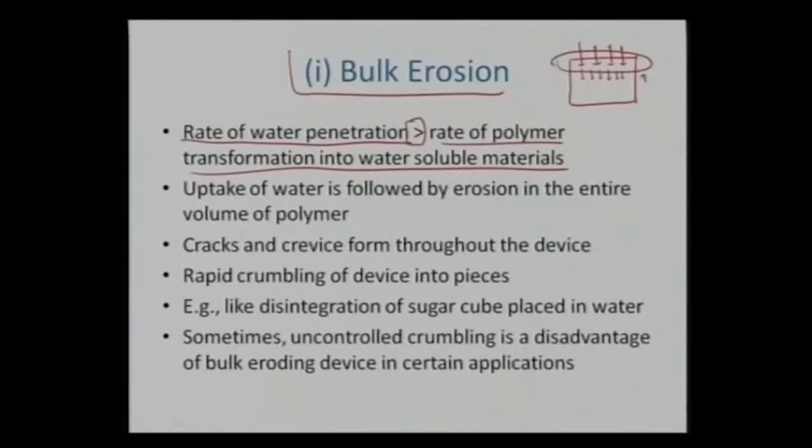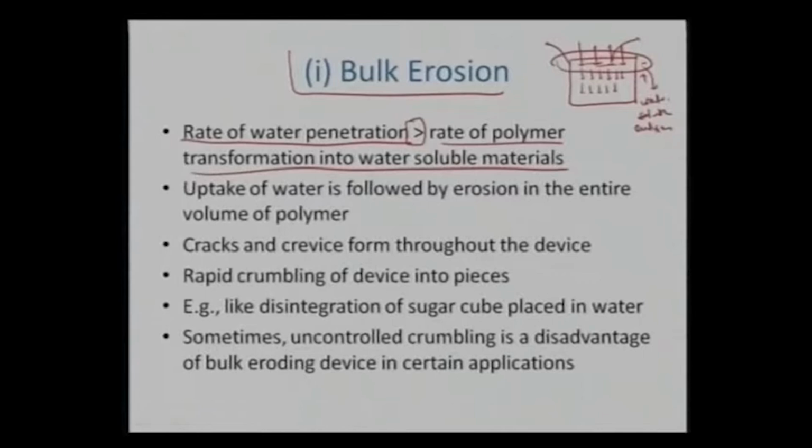So water is penetrating to a very rapid extent, and in the meantime there are some products forming along this regime which are getting disintegrated, or transformed to water soluble entities, at a much slower rate. So this process of dissolution of the polymer into water soluble material is happening at a much slower pace.